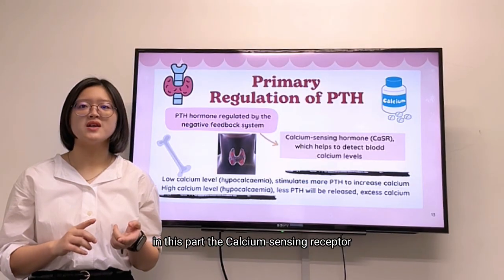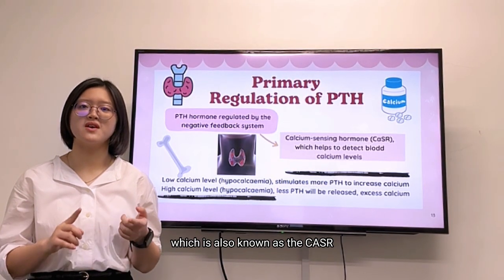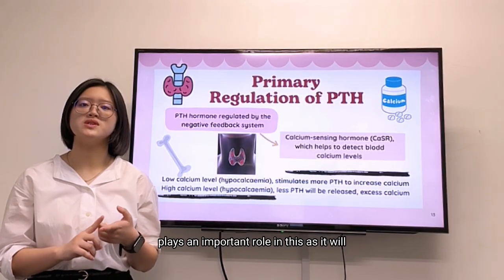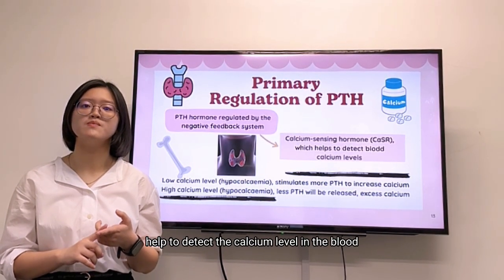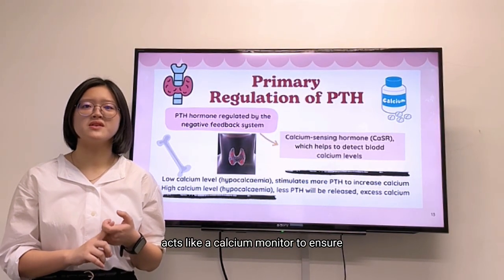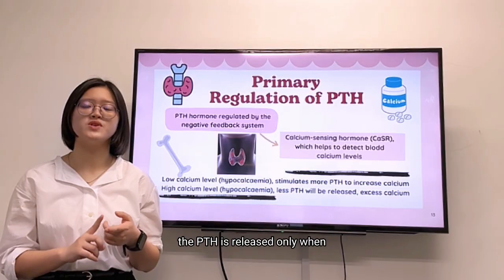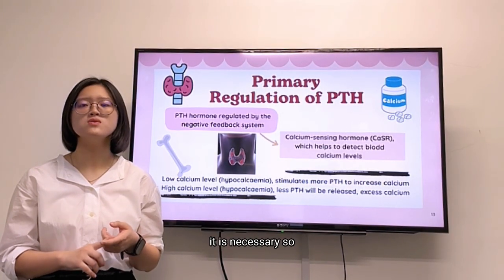In this part, the calcium sensing receptor, also known as the CaSR, plays an important role, as it helps to detect the calcium level in the blood. This receptor acts like a calcium monitor to ensure the PTH is released only when it is necessary.